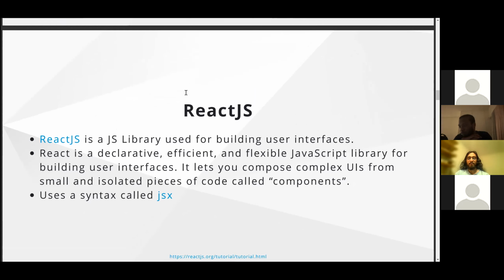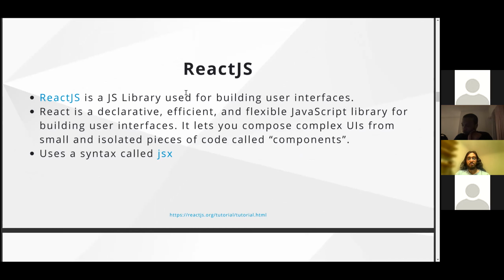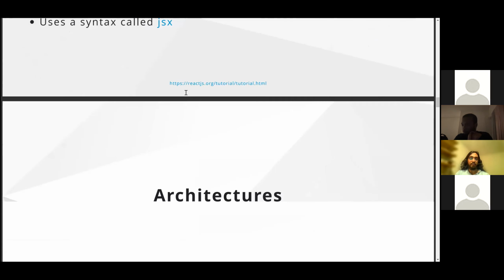It uses a syntax called JSX, an HTML-like syntax, and works on the theory of a one-page application. On this one-page application, it loads up pieces of code called components, with a parent component usually called app.jsx. So that's a brief introduction to the technologies that we'll be using today.